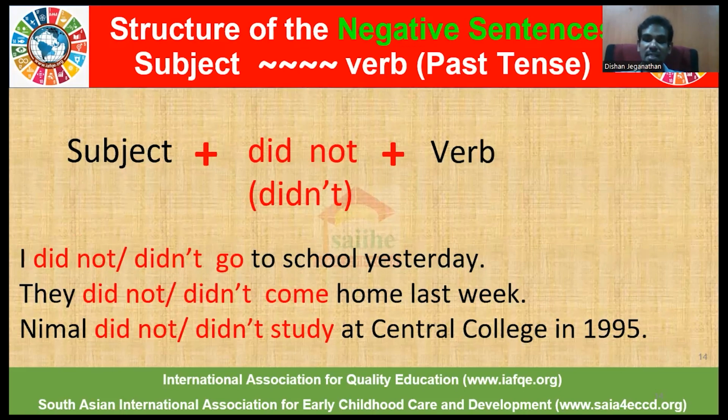In these three examples, the base form of the verb will be used in negative sentences. Go, come, study. So in negative sentences, after didn't, we will be using the base form, not the past form.